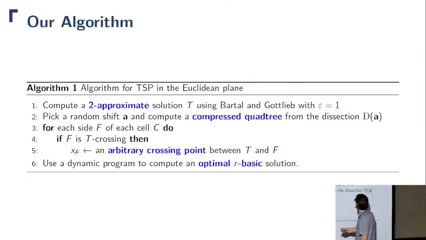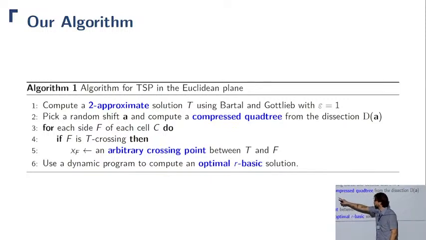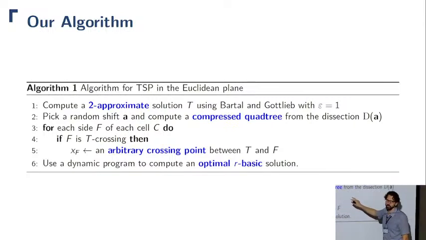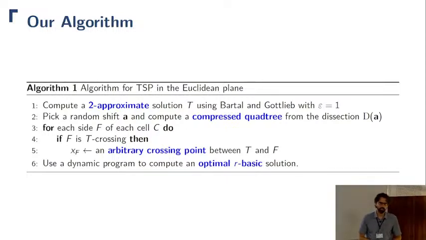Then the second thing is we pick a random shift, vector A, and compute a compressed quadtree. I have not talked about compressed quadtrees, but if you compute a plain quadtree, the number of squares that you get is more than linear.